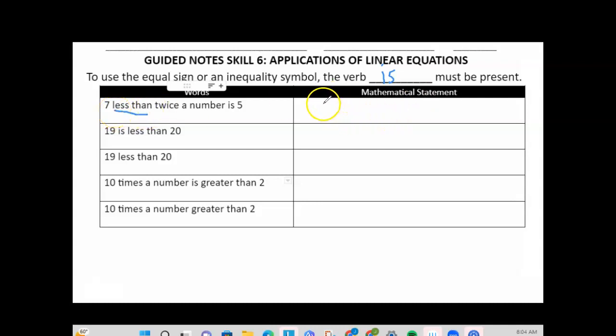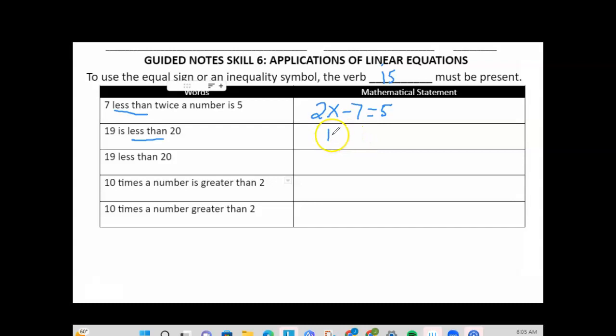So 7 less than twice the number is 5. So 2x minus 7 equals, because that's the word is, 5.